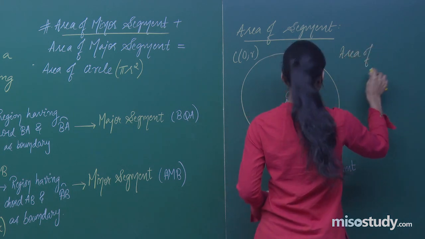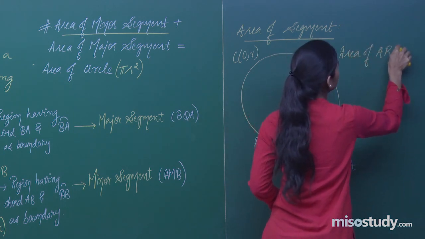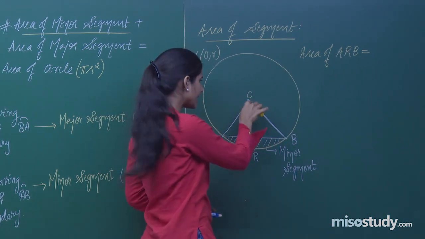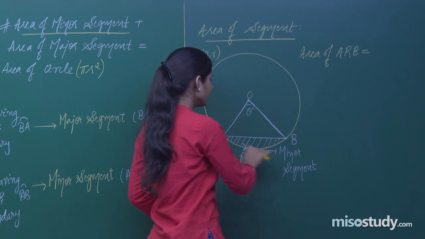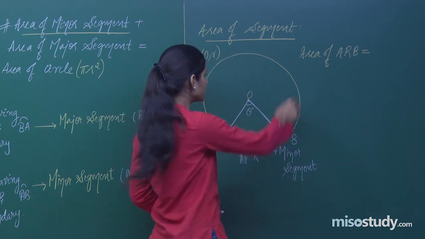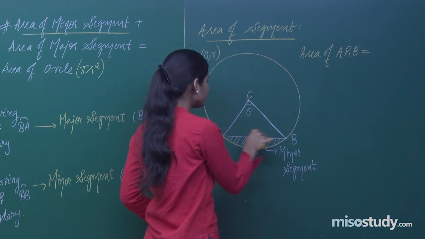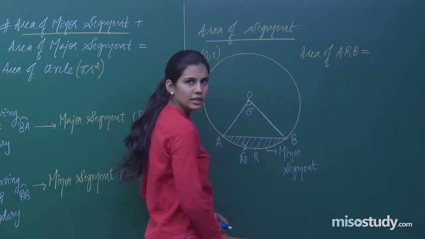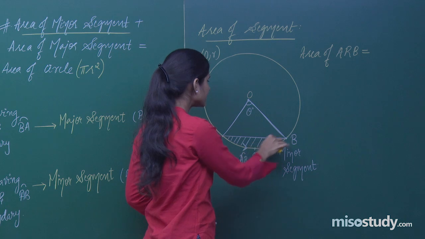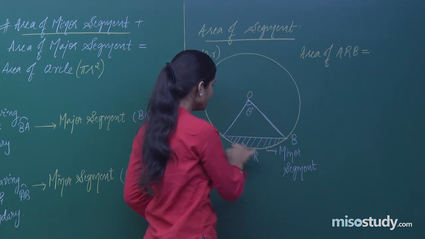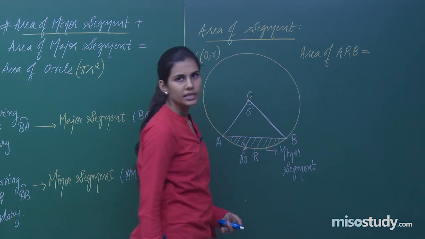Then you can clearly say that area of ARB, that is the minor segment, area of this region is nothing but area of this sector, which is the minor sector of this circle of radius r having an angle theta, minus the area of this triangle OAB. When from the area of this complete sector OARB, I remove the area of the triangle OAB, I get the area of this shaded region ARB.